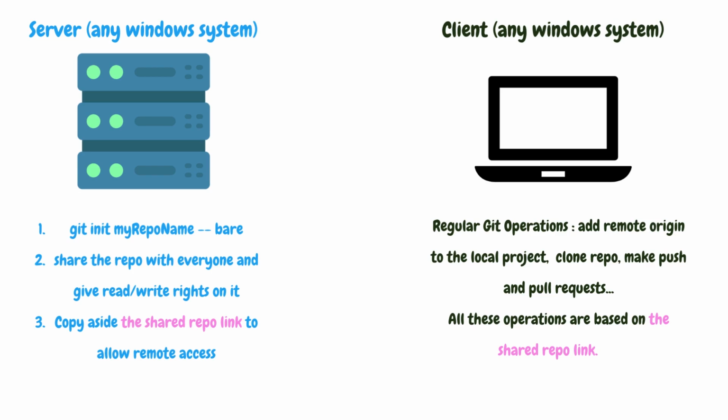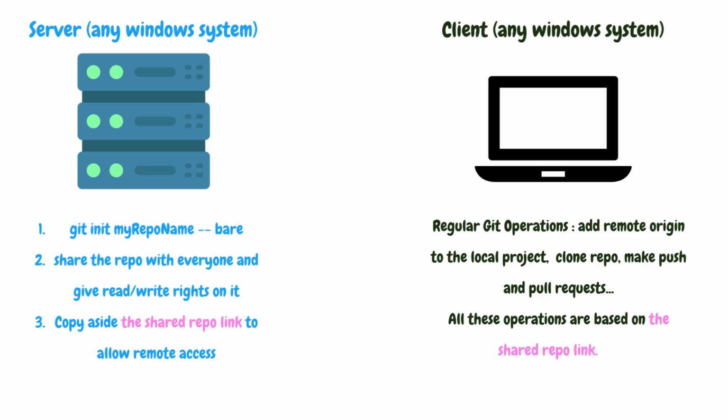That command initializes a new repository, but the --bare flag indicates that the repository is to be shared, and by convention the repository name will end with the .git extension. The second thing to do is to share the repo with everyone and give them read and write rights on it. And the third one is to copy aside the share link to allow people to access the server remotely.